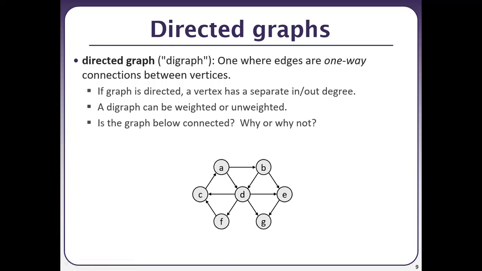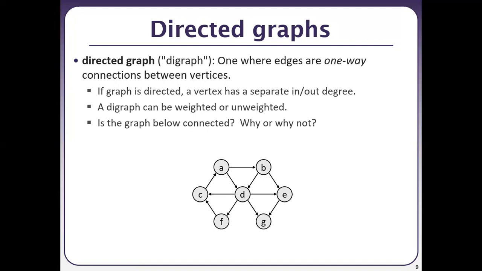Directed graph or digraph, which is unidirectional. The edges represent the directions between the nodes. It can be weighted or unweighted. Now the degree. The definition of a degree is the number of edges connected to a node.